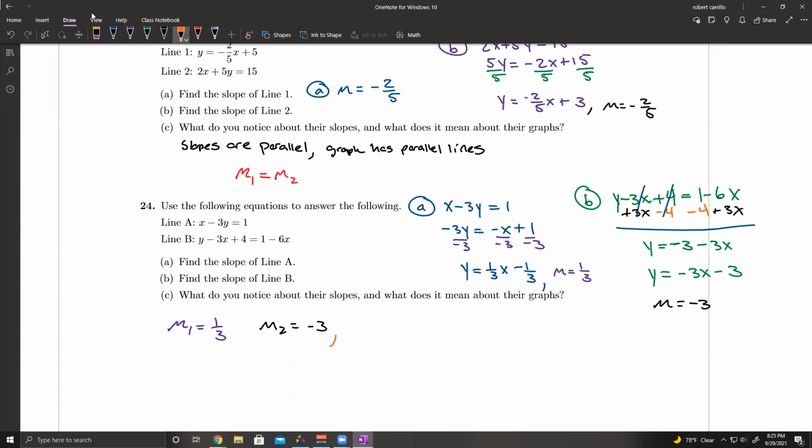All right. So slopes are negative reciprocals, which means the lines are perpendicular. Okay, there we go.